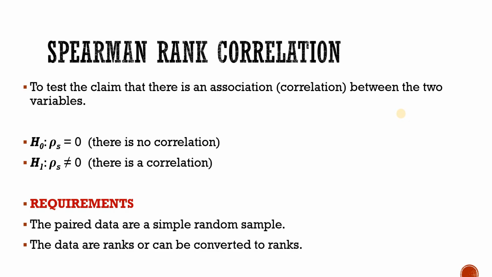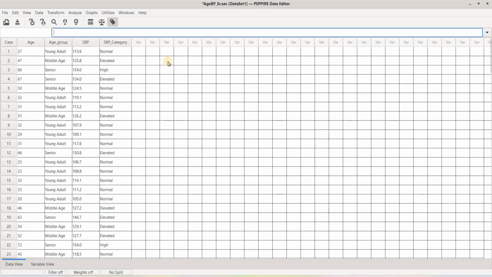So now let's look at different examples from our data set. Firstly, what we need to do is examine the scatter plot, because the scatter plot will give us an idea of the appropriateness of the data set for use, whether it be the linear correlation or the Spearman.